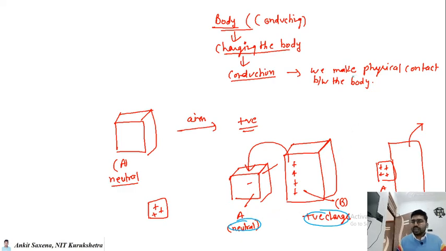So if we want to complete this statement, here I left some space. Now the complete definition is, we make the physical contact between a neutral body and a charged body.